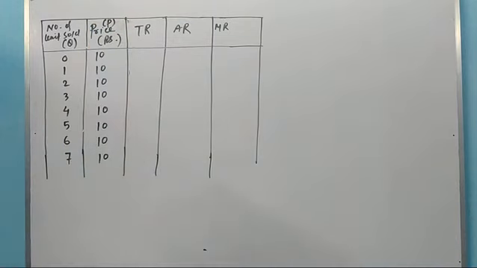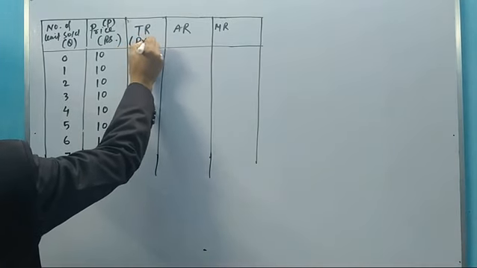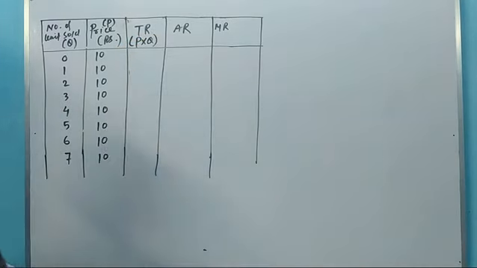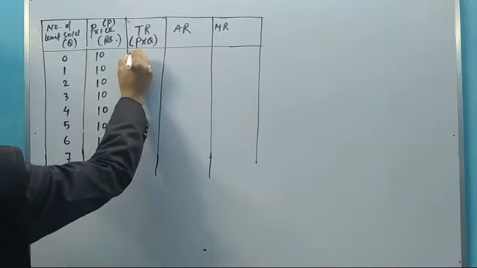Now the third column is TR, so we know that TR is equal to price into quantity. Price into quantity means 10 into 0 is equal to 0.